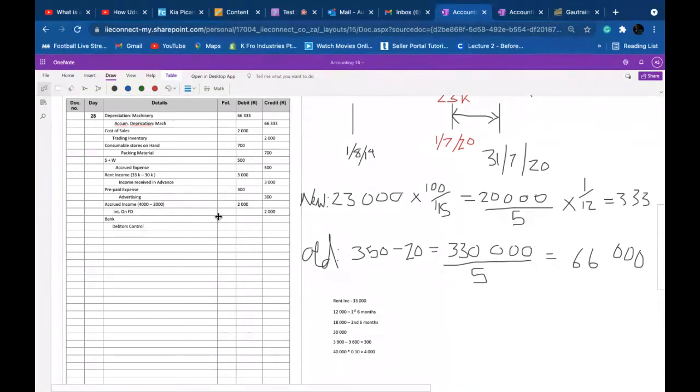Because now we have less owed to us because a debtor has paid. So 2,500 times 25%. How much are we actually supposed to receive? Okay, we're supposed to receive 625. Right, so that's the first bit.